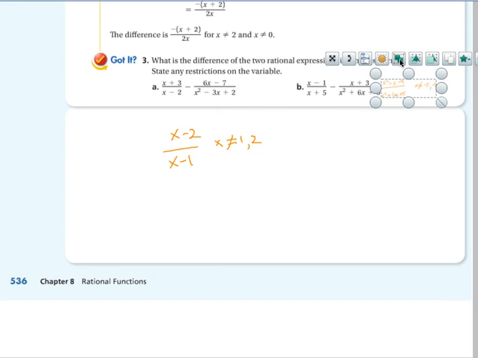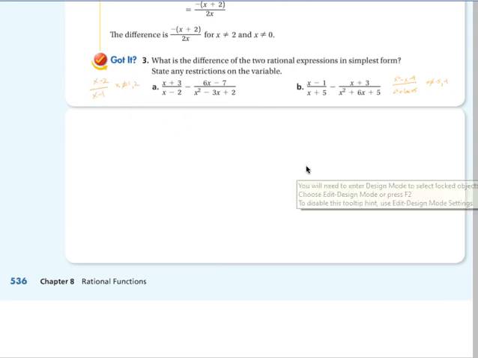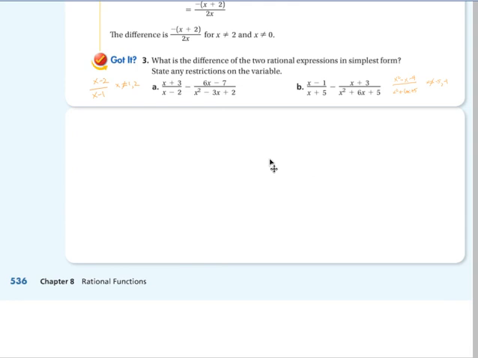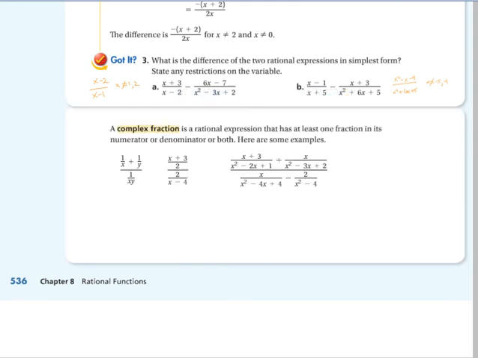Move these out of the way so we can see what's underneath this box down here. So underneath the box, we're going to talk about a phenomenon called complex fractions. A complex fraction is a rational expression that has at least one fraction in its numerator or denominator or both. So these are fractions within fractions.